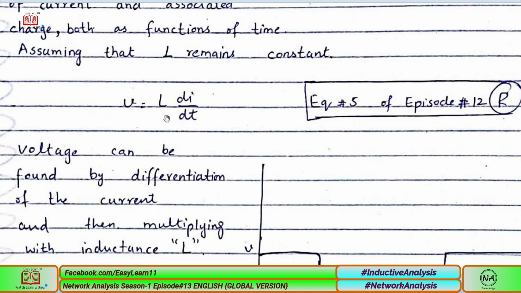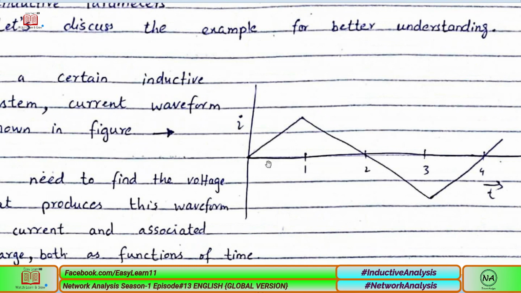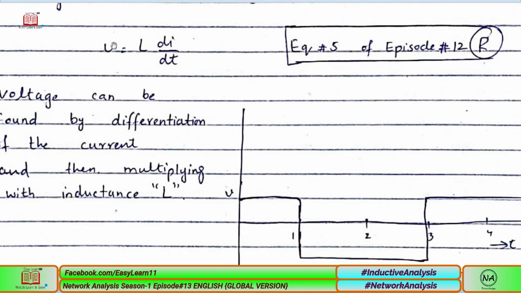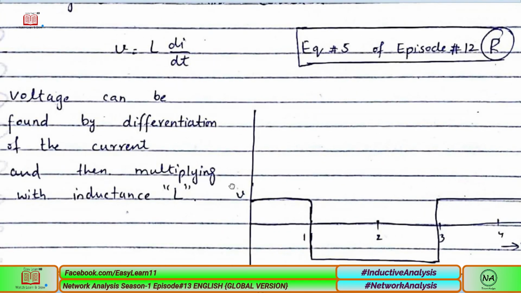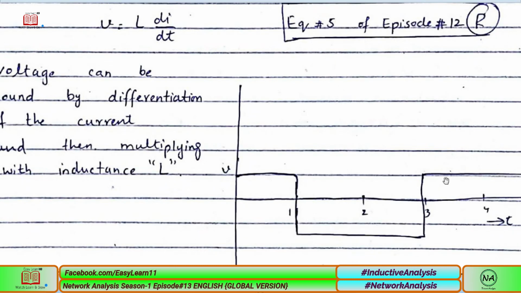If we have a fixed inductance, you can just differentiate the current that is varying with respect to time. You can see this is a sinusoidal, it is continuously varying. So if we have a particular value of time and a current, you will use this and easily differentiate according to the mathematical rules and find the voltage. This graph is just visually exposed, and for the conceptual purpose it is not drawn for specific values.